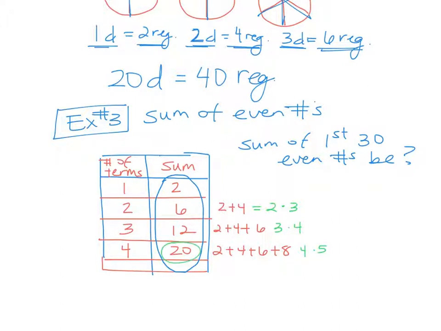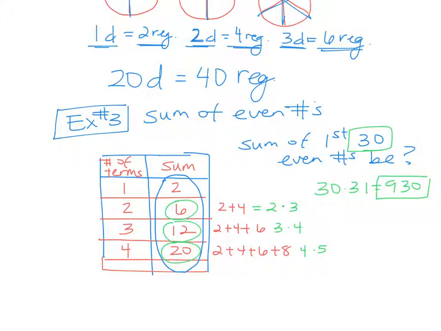So if you're always taking the number of terms times 1 more than that, for the first 30 terms you would do 30 times 31, and you get 930.